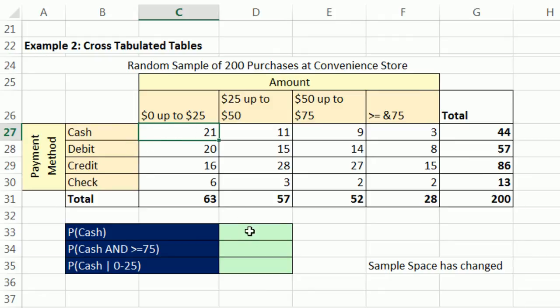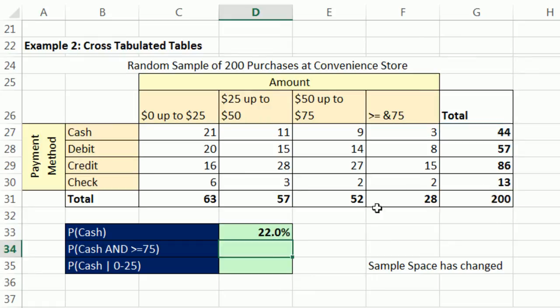Now we want to calculate some probabilities and then introduce conditional probability in the context of a cross-tab table. Our first question: what's the probability of randomly selecting a person and finding that they paid cash? I'm going to say equals, here's the cash total out in the margins, divided by the total, and enter.